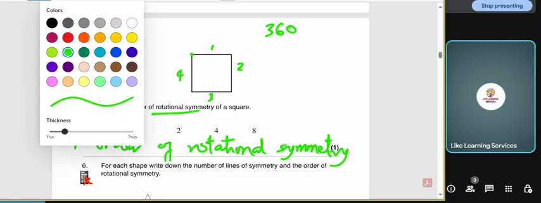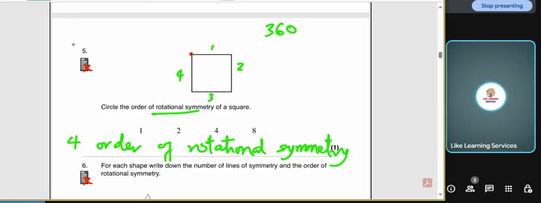So that's basically how many times, if you're going to be turning the face, like we want to turn this thing 360 degrees, move it round and back again. How many times will it look the same?